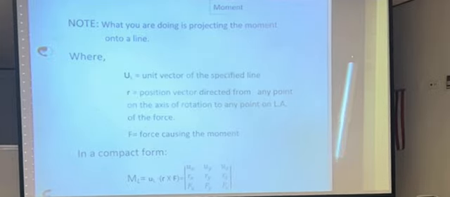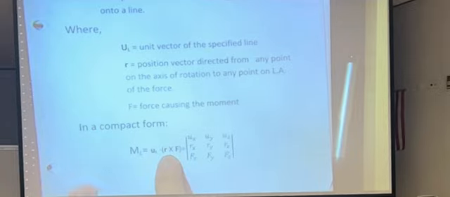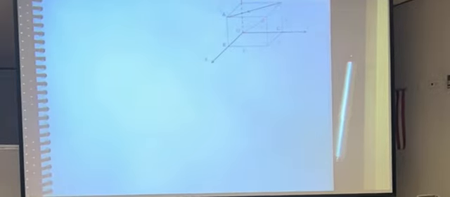And we've already stated that this triple product you can set up as a determinant where the first row is the unit vector in terms of its components. The second row is the R that goes from the line to the force in terms of its components. And of course I need the force in terms of its components. Then you do that triple product and you got it. Yes?